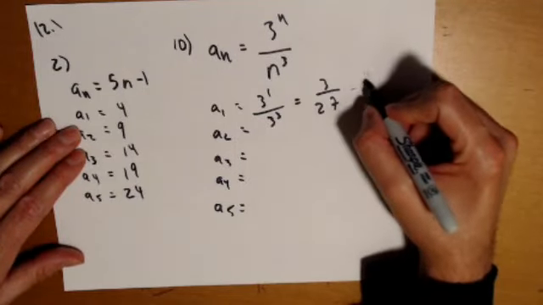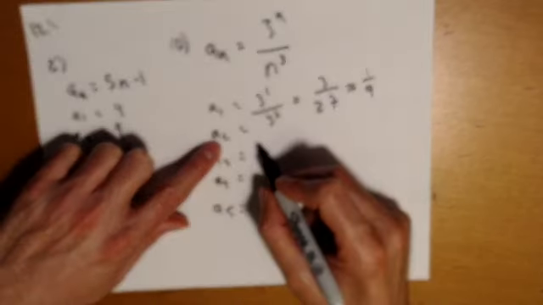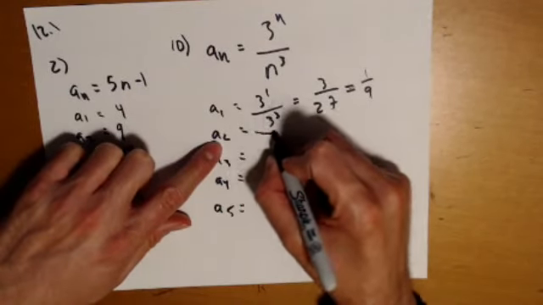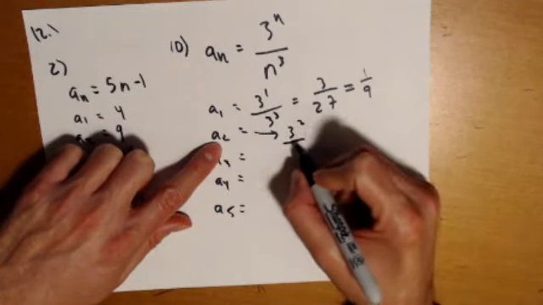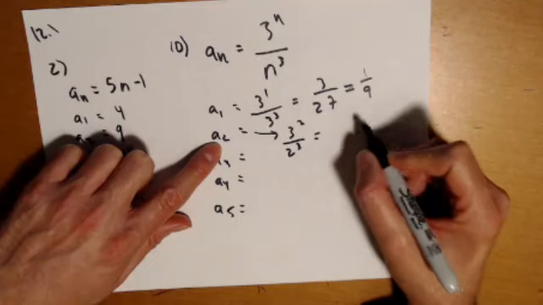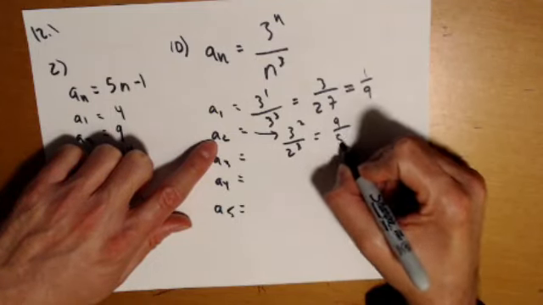You can probably reduce that. A2 is going to be 3 squared over 2 cubed, just plugging in 2 for n. So that's going to be 9 over 8.